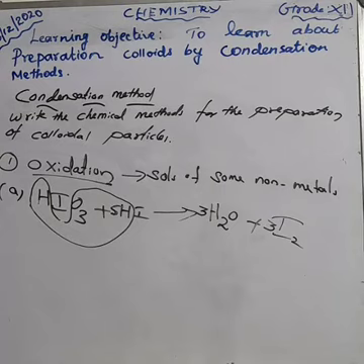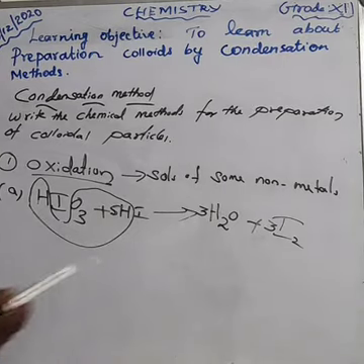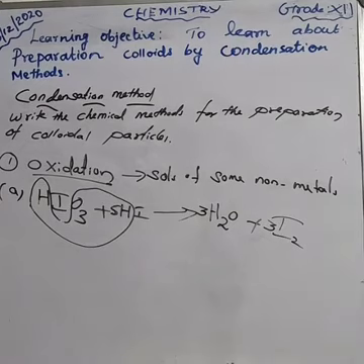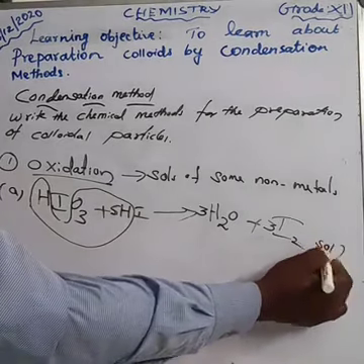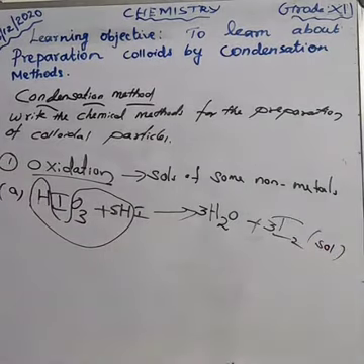I think in the textbook, the iodine molecules are not balanced. Try to balance that one. Anyhow, we get iodine salt. Hydroiodic acid reacts with hydrogen iodide, we get iodine with water molecules. This is one of the equations.